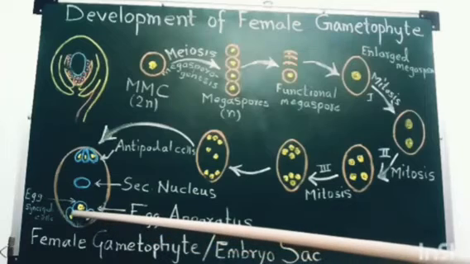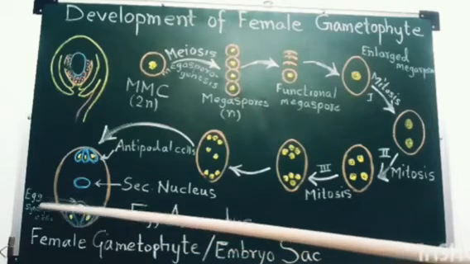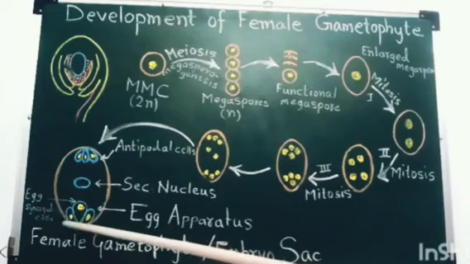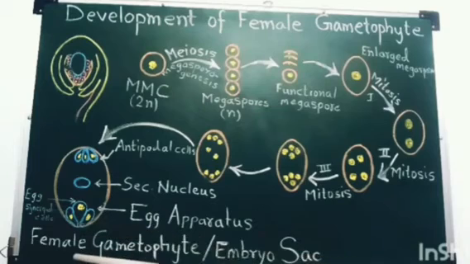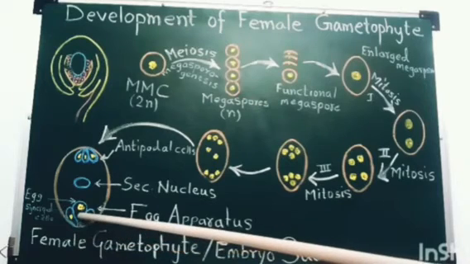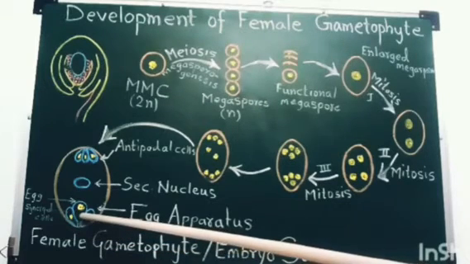The central large cell is called the egg or female gamete, and these 2 cells are called synergid cells. The synergid cells show hair-like projections called the filiform apparatus, which guides the pollen tube towards the egg during the process of fertilization.